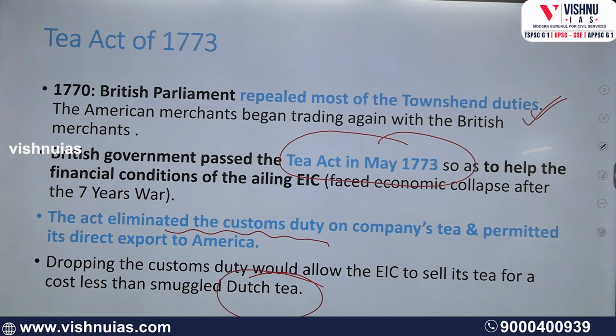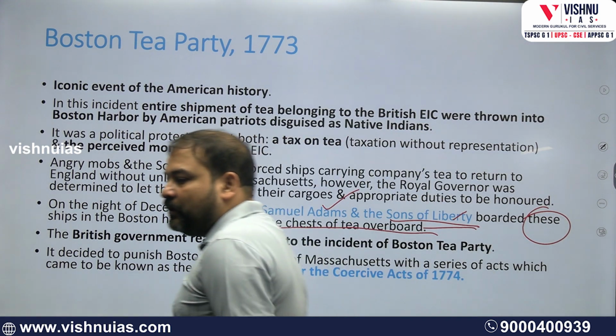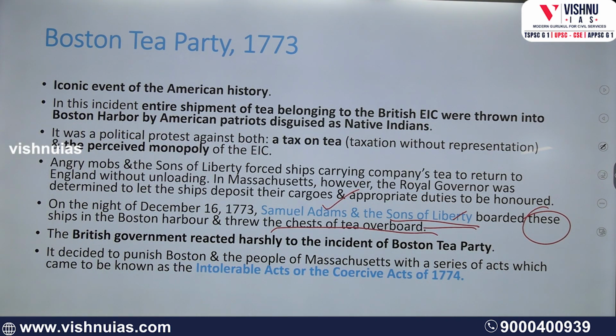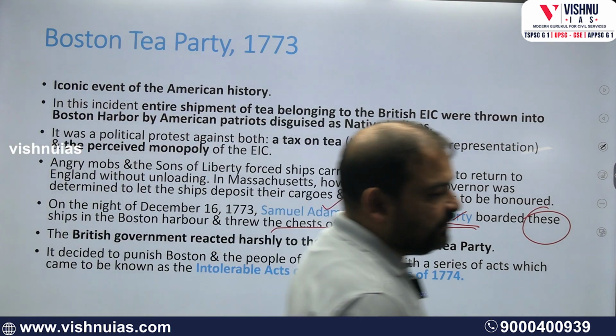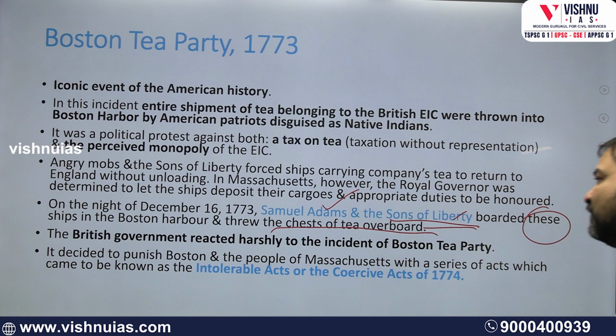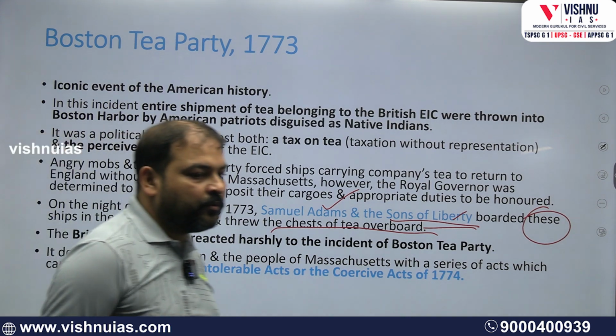In response to this incident, the Boston Tea Party happened, where Samuel Adams and the Sons of Liberty threw the chests of tea, or boxes of tea, overboard. Am I clear?